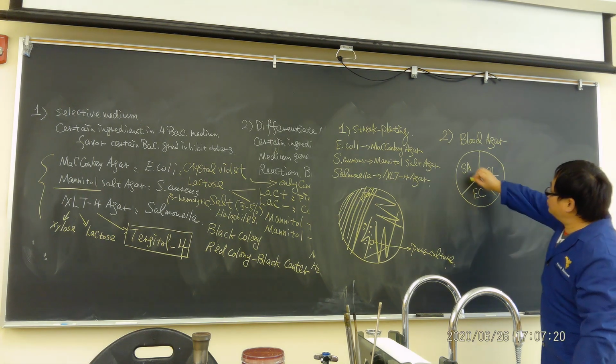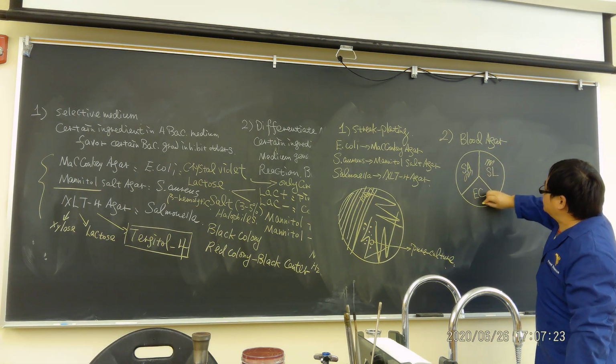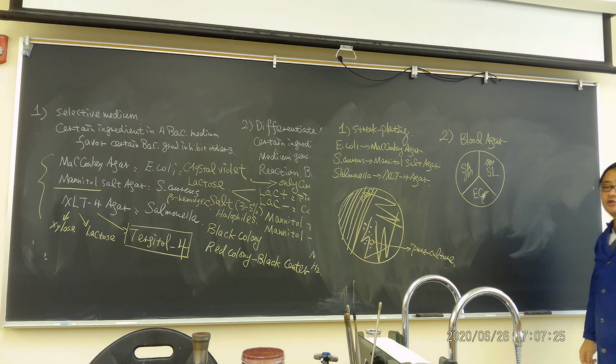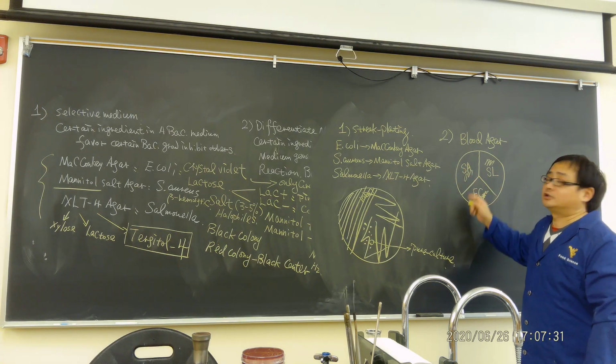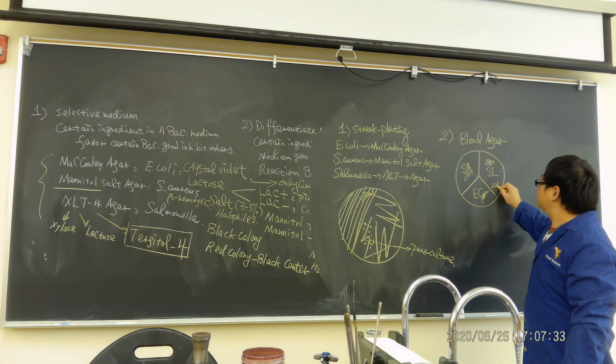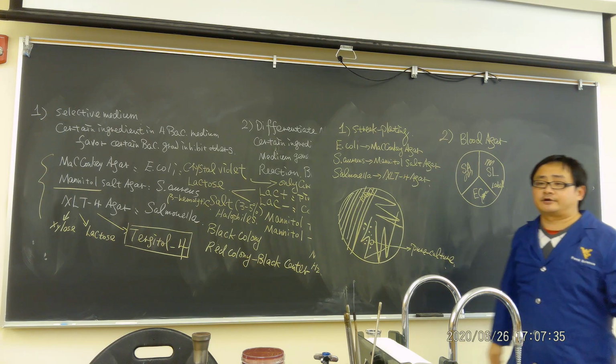And you use your loop to do a very light streak. And we will do the incubation. We are trying to see the different hemolytic status. So that's very simple. Now don't forget to also label at the back of your agar.